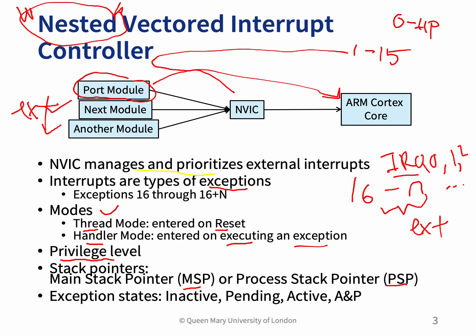But if the lower priority interrupt is currently executing an instruction while a higher level interrupt happens, the CPU will not continue with the lower priority task.